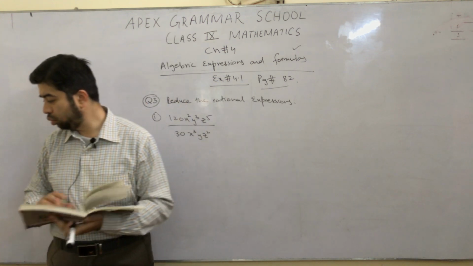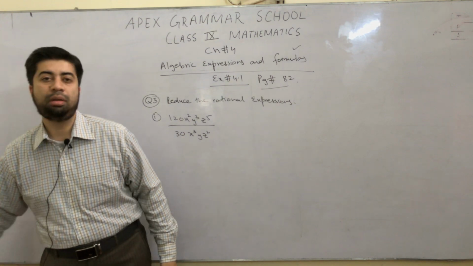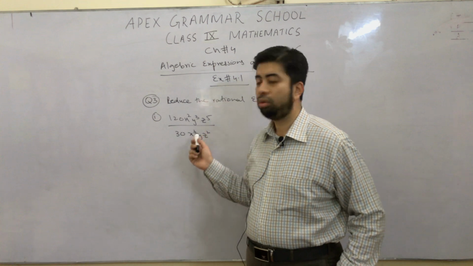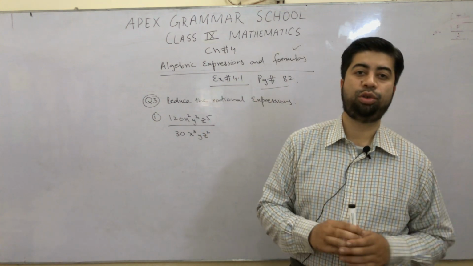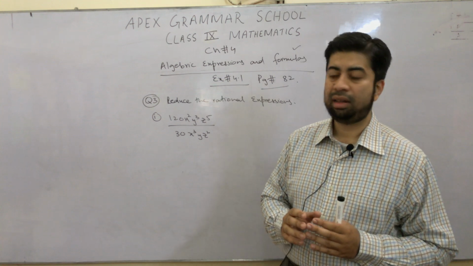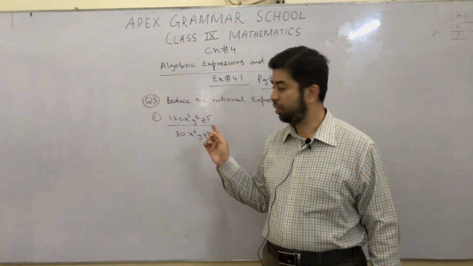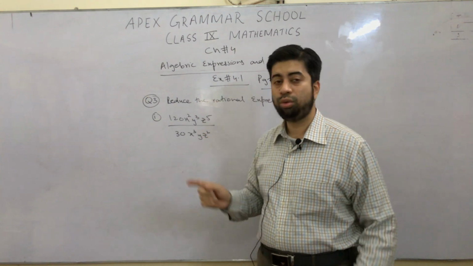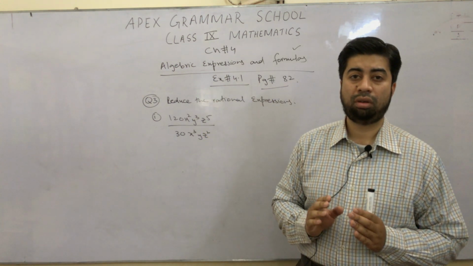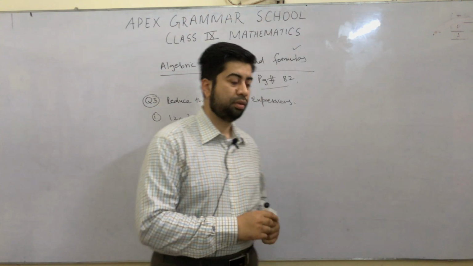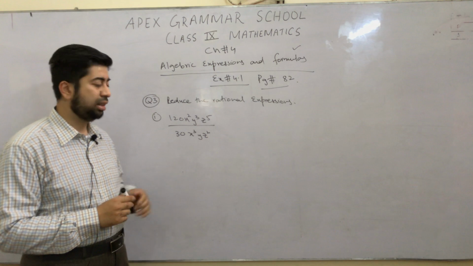You have to reduce, or you can say that you have to simplify this question. Before doing this question, I must suggest you that learn all those formulas that I have written before these questions, and you have to learn all those formulas before going to these questions. So you have to simplify these.